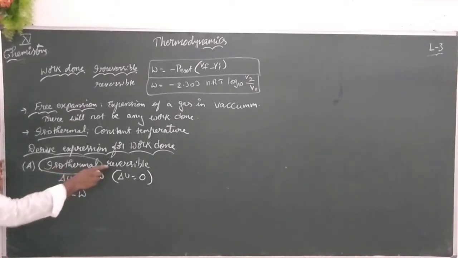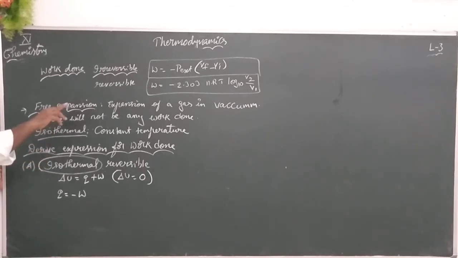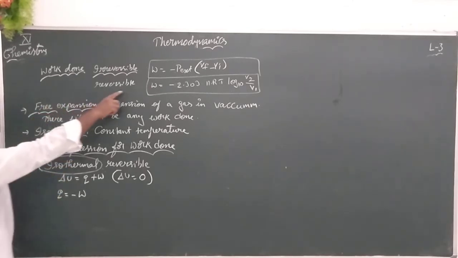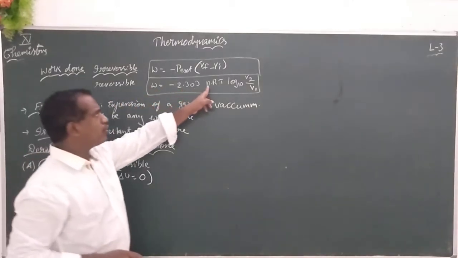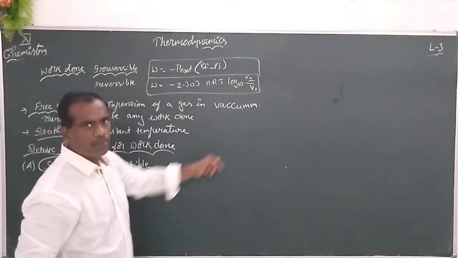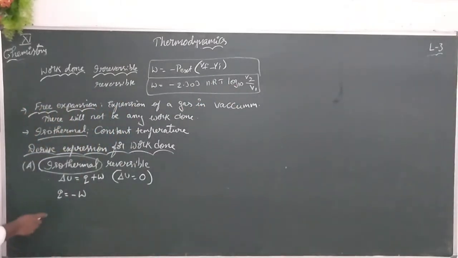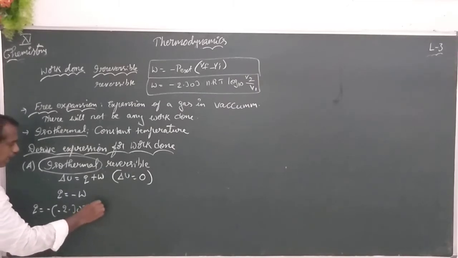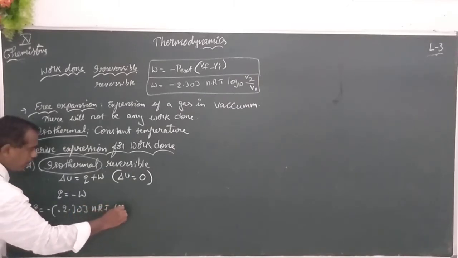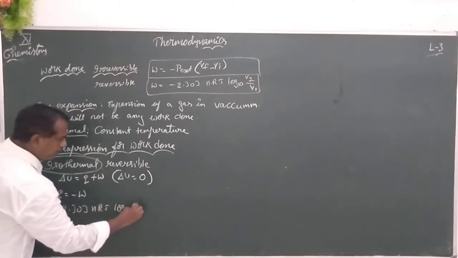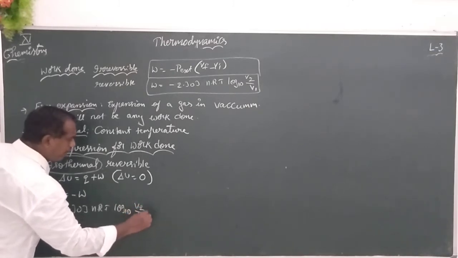But during isothermal reversible expansion of gas, what is the equation we know? W is equal to minus 2.303 nRT log base 10 V2 upon V1. So here we can write the W value. Q is equal to minus into minus 2.303 nRT log base 10 V2 upon V1.